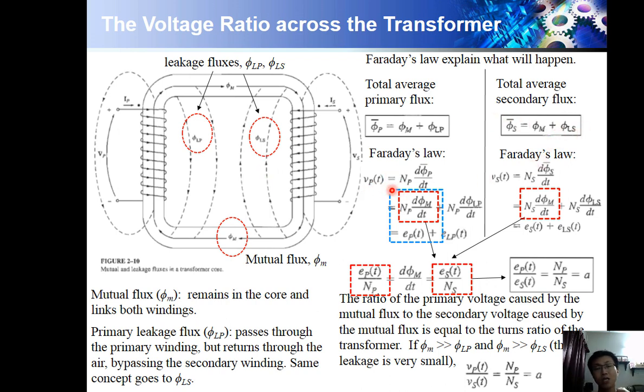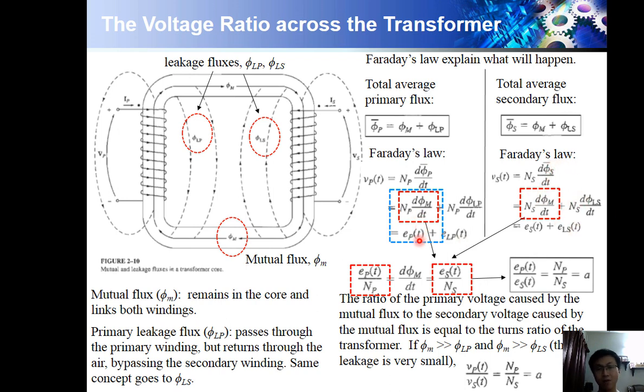Then Faraday's law says that the induced EMF is N d phi dt. So I substitute phi P, this equation, into here. It becomes Np d phi m dt plus Np d phi Lp divided by dt. Same as well here.